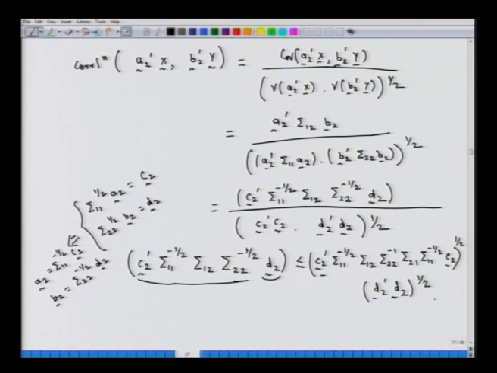Now, we will concentrate on this particular expression here and try to see what can be given as an upper bound of it.